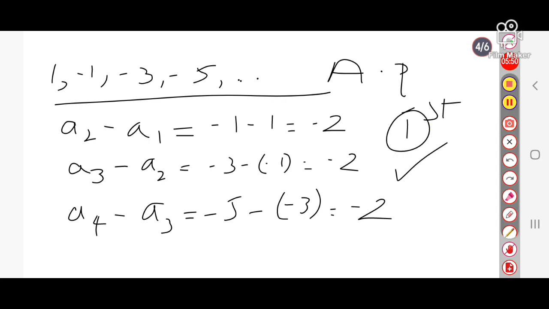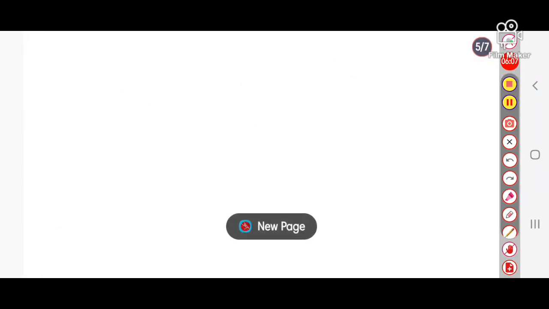Now the next set of the question we can jump to: if they form an AP, we write the next two terms. The common difference which we found is minus 2. Just add minus 2 to the following term present over here, that is minus 5, so that you can get the value for the next two terms which they asked.